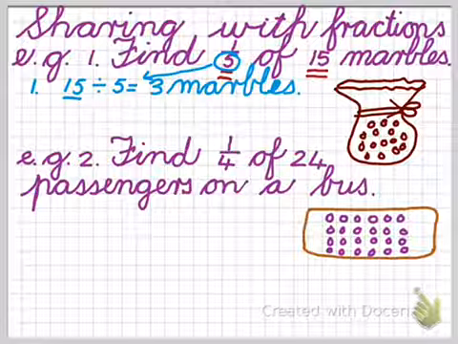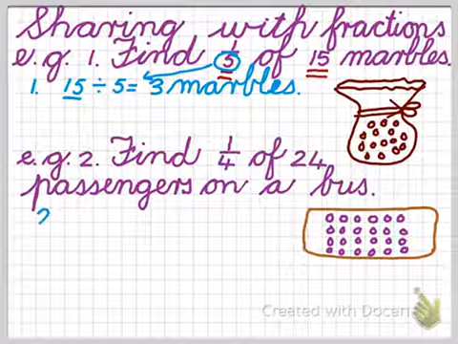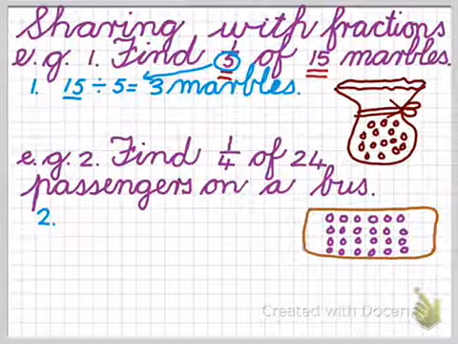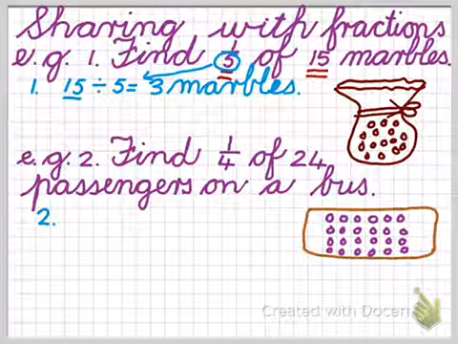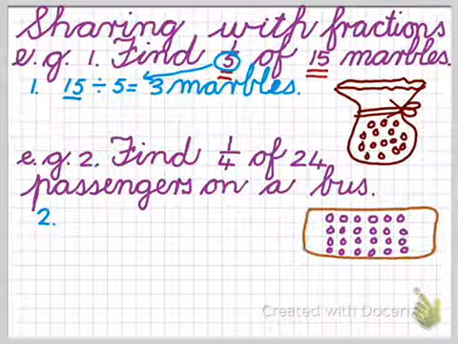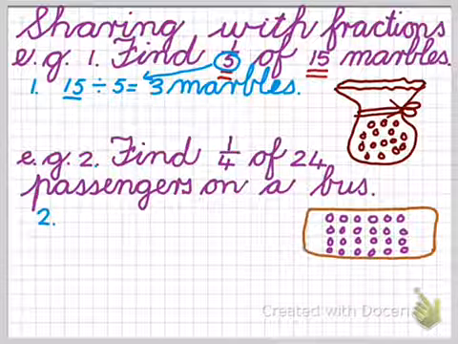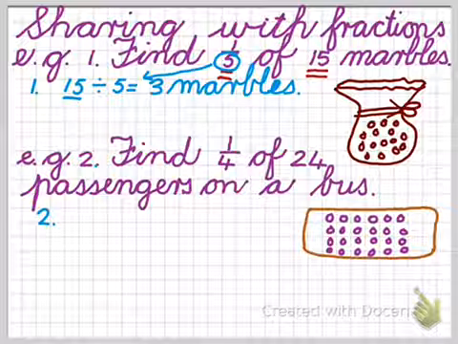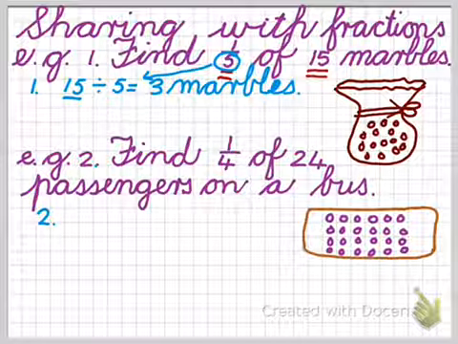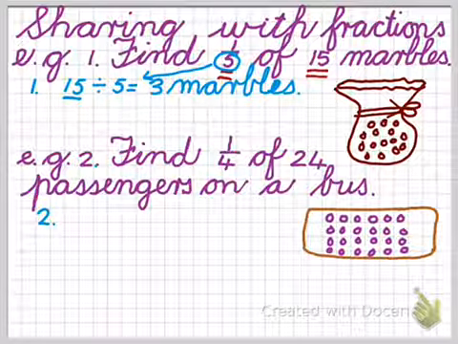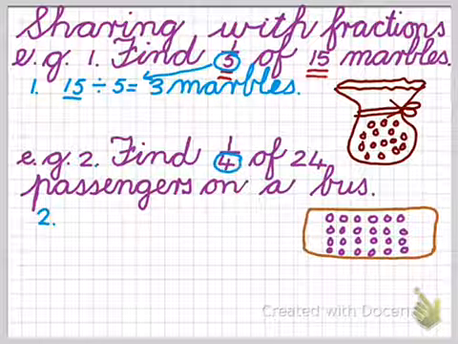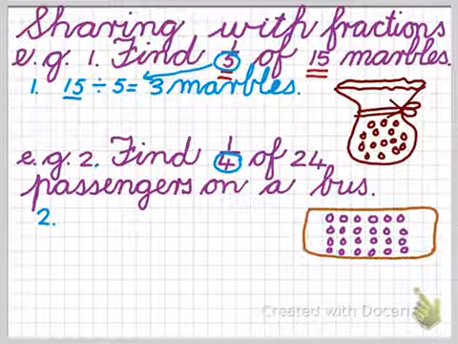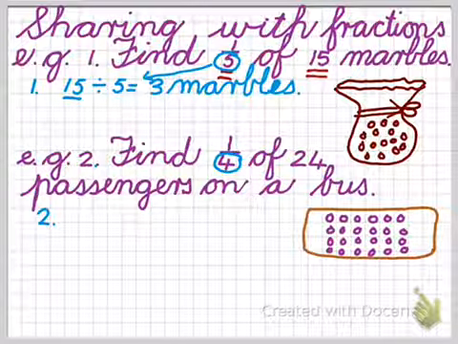Okay, so now we're going to do example number 2. Now at example number 2, they have asked us to find 1/4 of 24 passengers on a bus. So if we are going to try and find 1/4, we need to look at our quarter and see what number they've been divided into as a fraction.